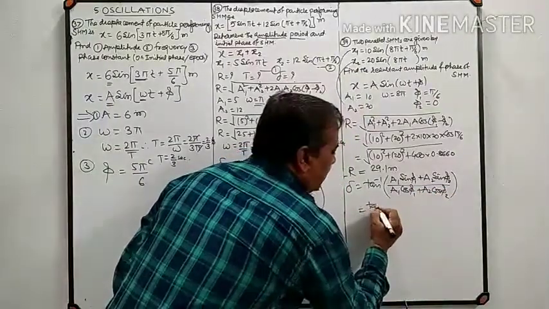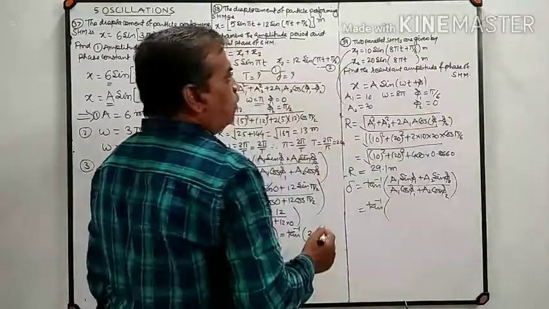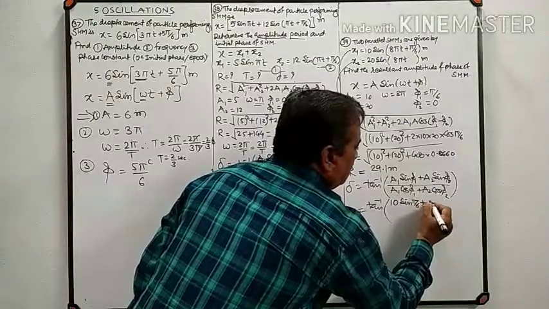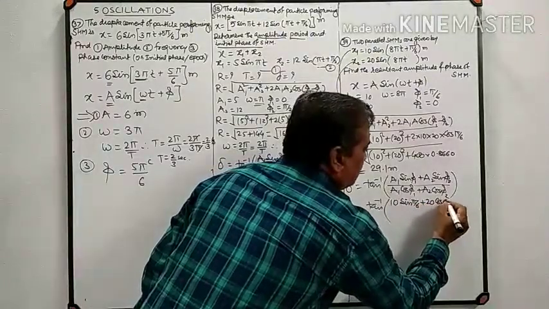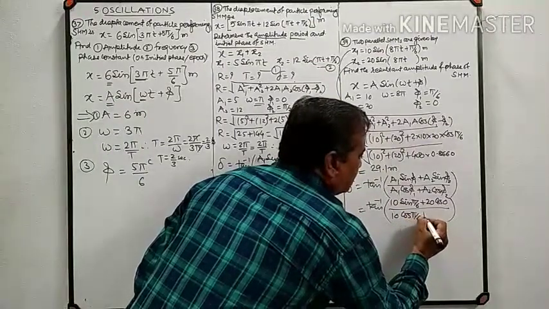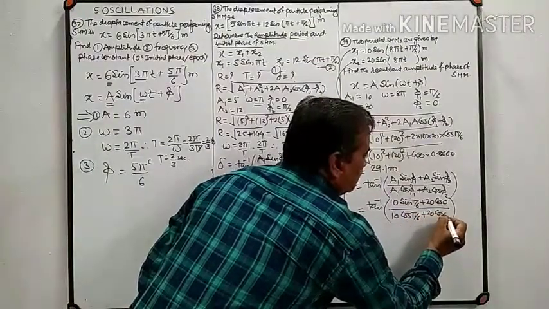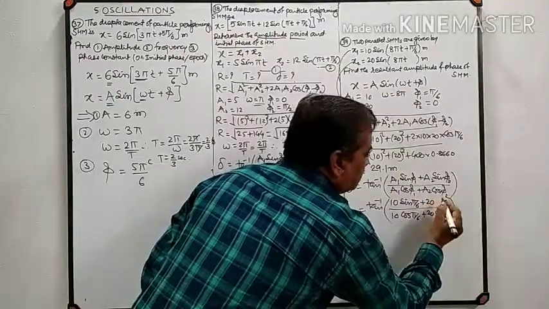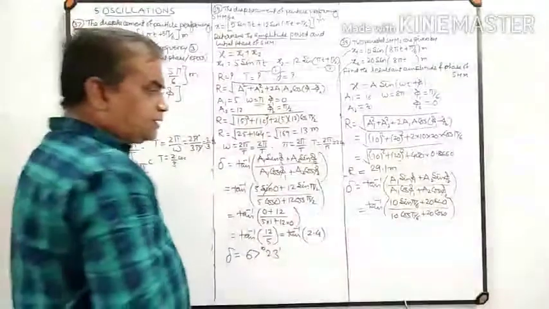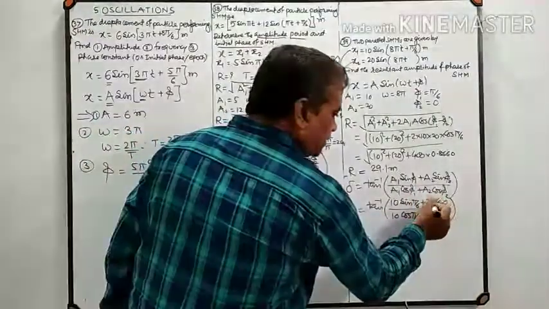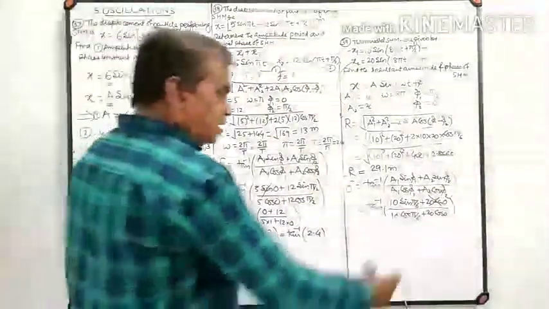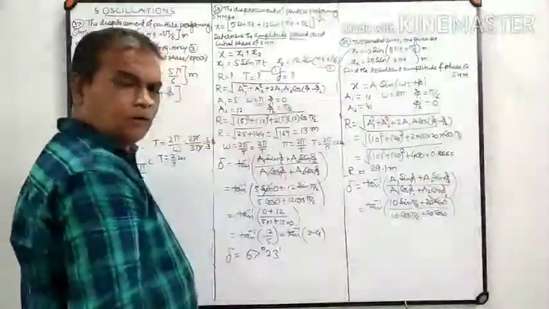So it is equal to tan inverse of A1, which is 10, sin of pi by 6, plus A2, 20, sin of 0, upon A1, 10, cos of pi by 6, plus A2, 20, cos of 0. Now what is sin 0? It is 0, so this term becomes 0. And what is cos 0? It is 1.